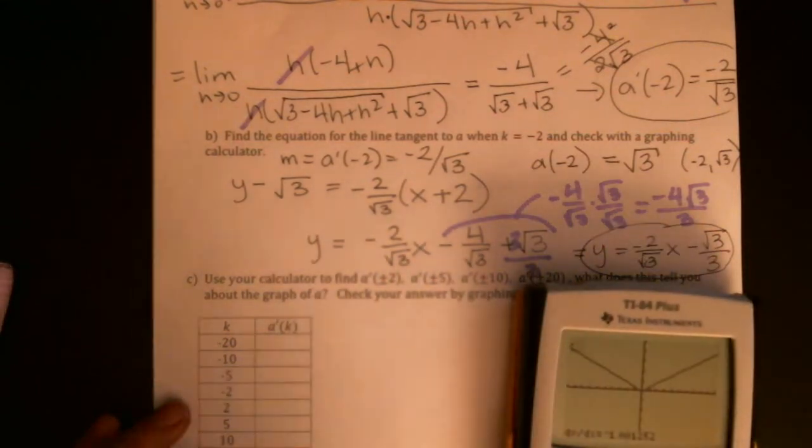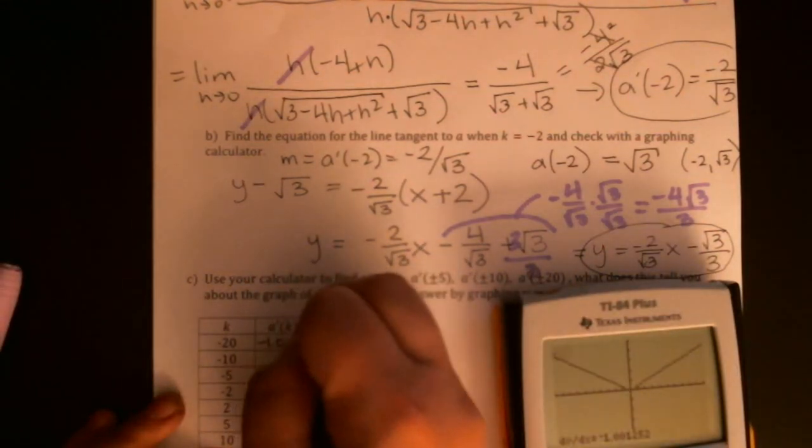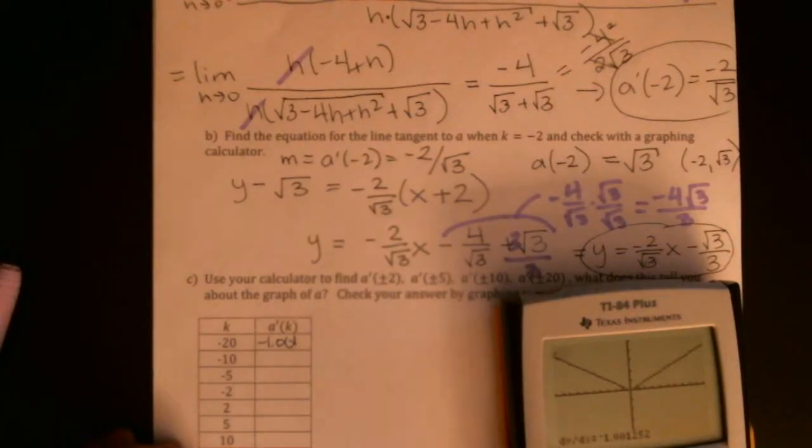So at negative 20, our slopes are negative 1.001-ish.